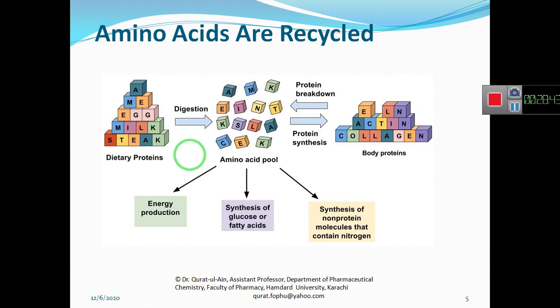So I hope you understand this lecture. So how does protein digest? First, protein breaks down in your mouth, and then protein digestion takes place in your stomach by the action of an enzyme. Trypsin is an enzyme that hydrolyzes the peptide bond by addition of water between these bonds, and then these small peptides reach your intestine.